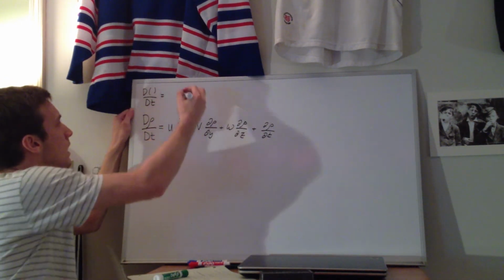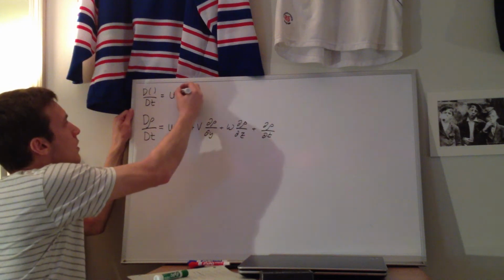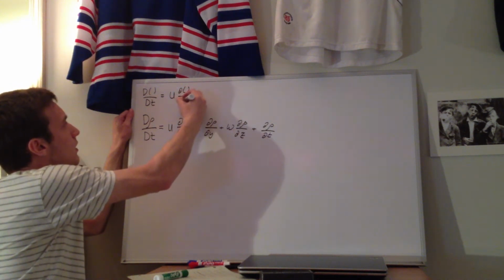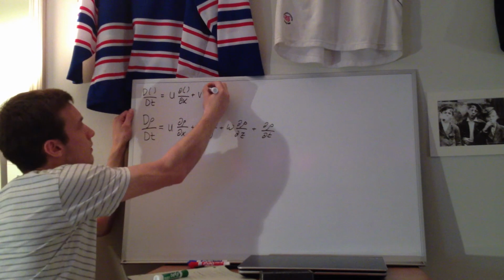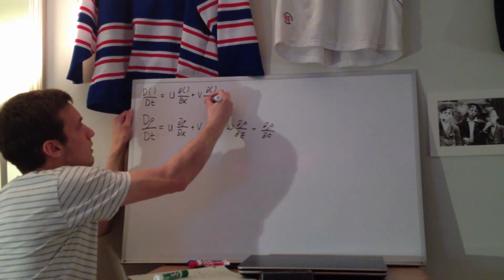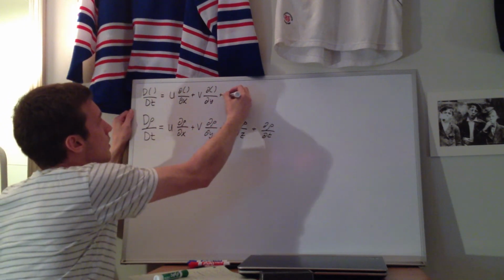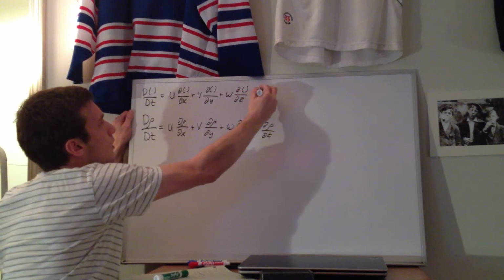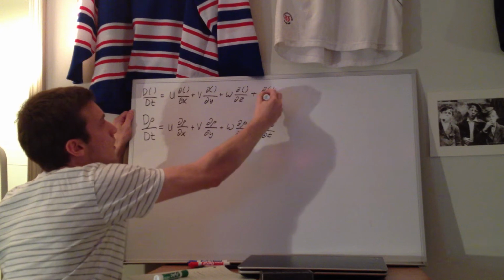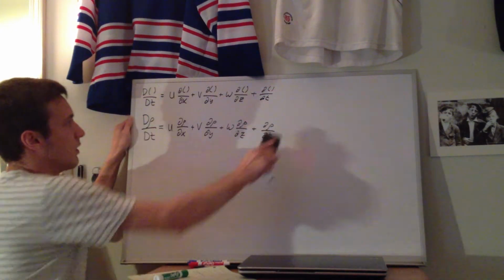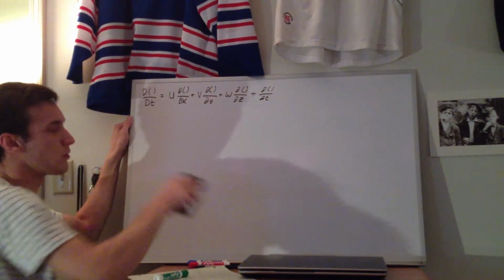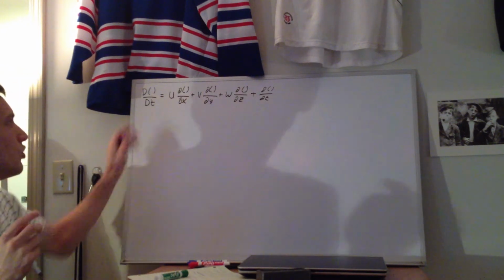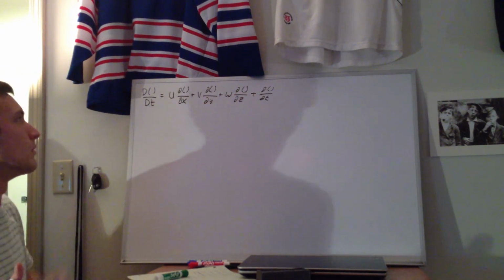So we have this d dt is equal to u d dx plus v d dy plus w d dz plus d dt. Okay, so that's the general form of the substantial derivative.